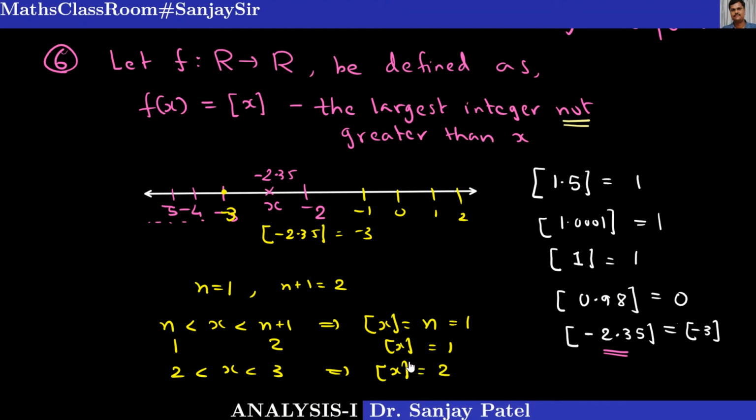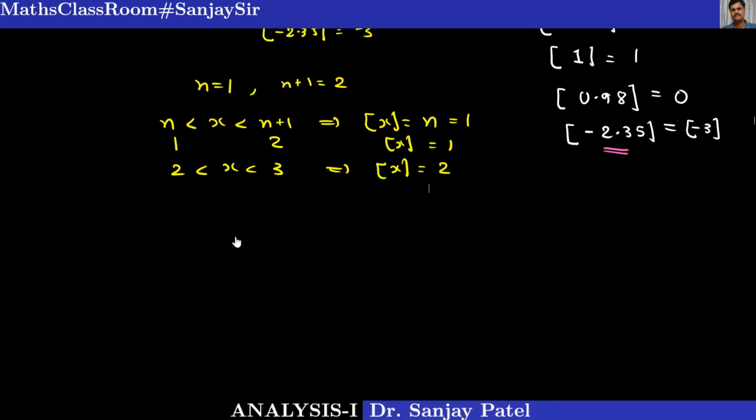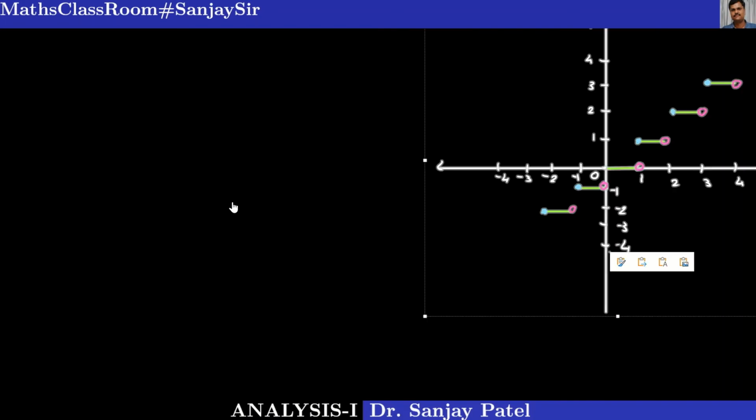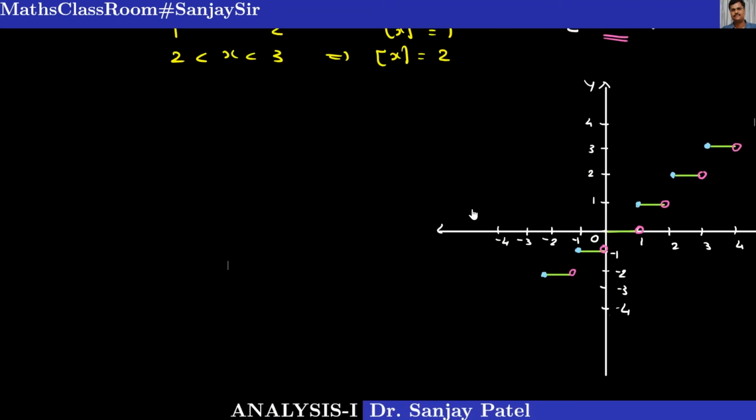So this way you can, for different intervals, plot the graph of this function, and you will get a very nice graph which is known to you. And from that graph, you will see what is the another name for this.